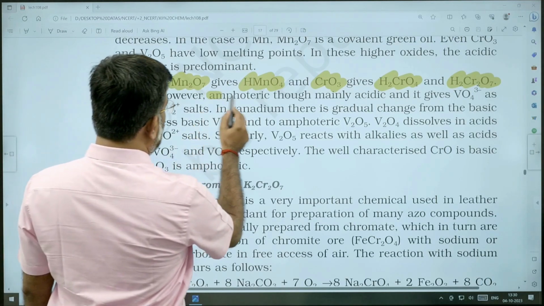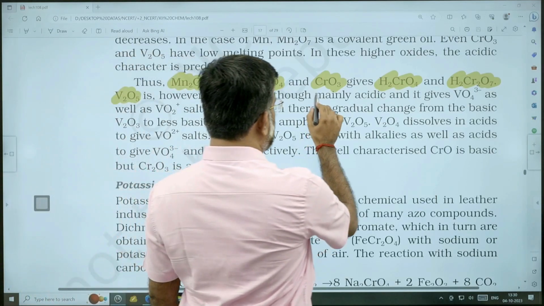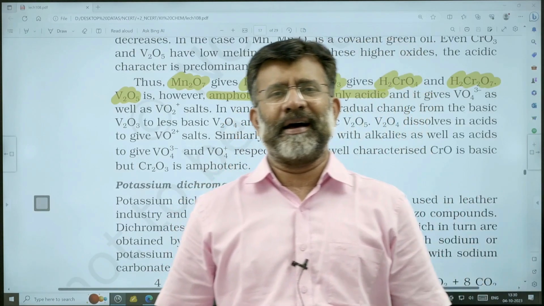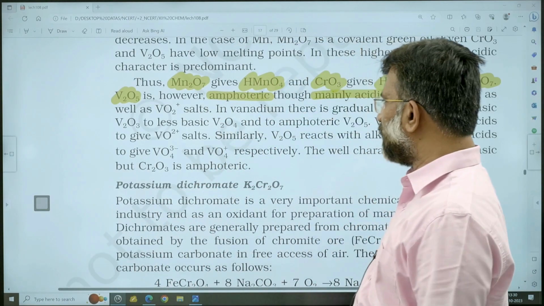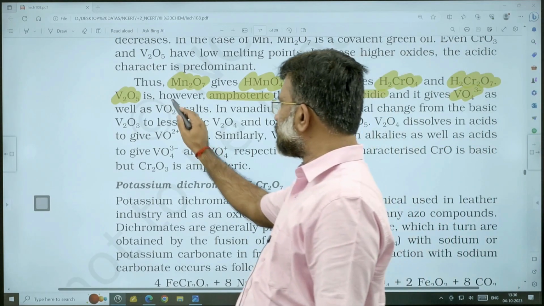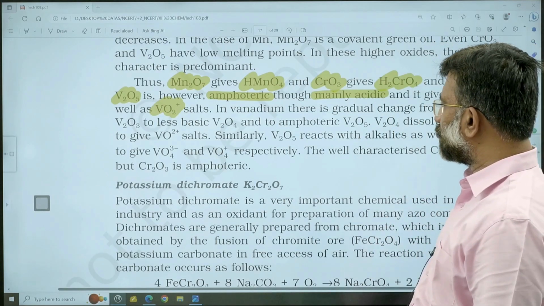V2O5 is amphoteric in nature, but with a slight upper hand of acidic character. V2O5, vanadium pentoxide, gives this kind of salt also: VO4 3 minus, VO2 plus.